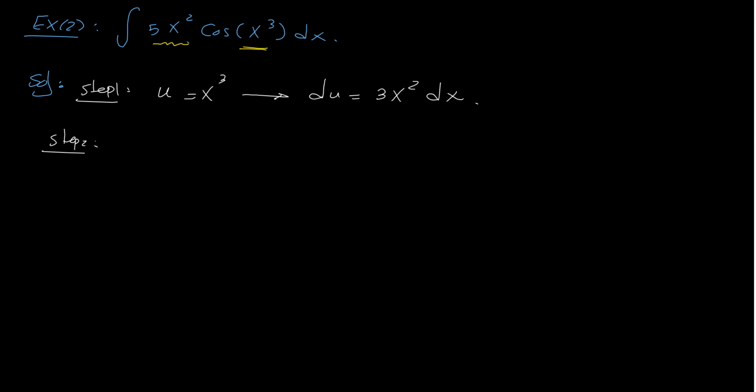If we look at the integrand, we have x squared dx, and I see it in here. This 3 is causing some issues. We need to get rid of it. This is why we divide both sides by 3.